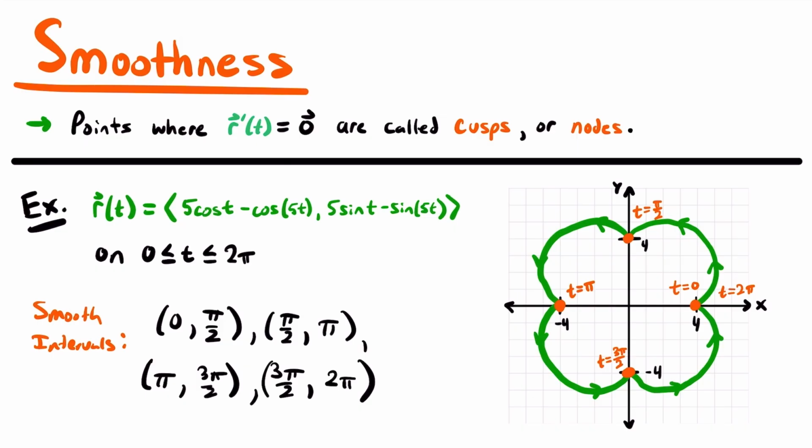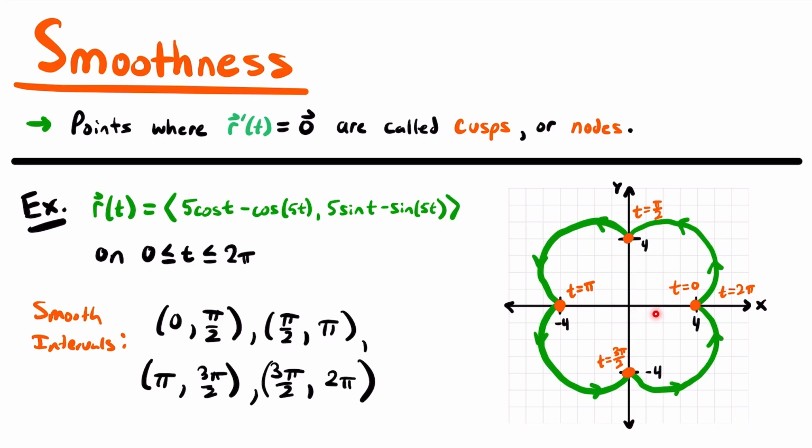Okay, and one more important thing to note about smoothness in general is that if a curve is smooth at a value of t, then that guarantees that that value of t would have a tangent vector. We spent the last lesson talking all about tangent vectors, how to find a vector tangent to a point on a curve, whether that's a plane curve or a space curve. And what we didn't really talk about is that those tangent vectors only exist at a value of t if the curve is smooth at that value of t.